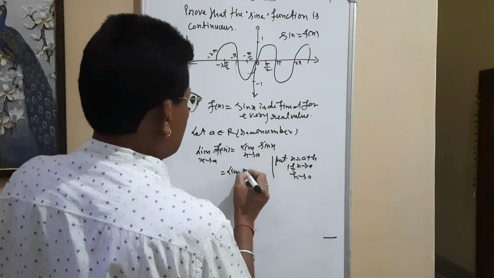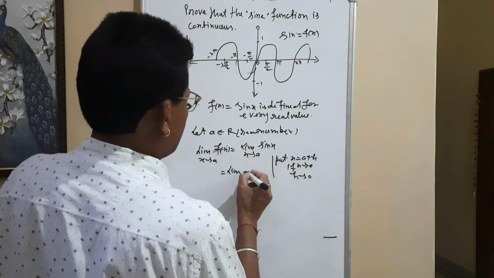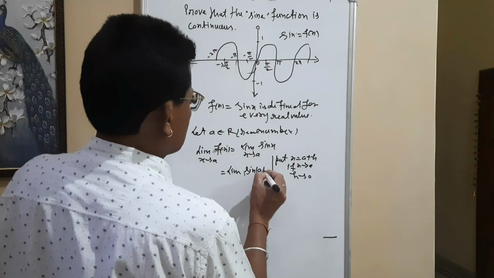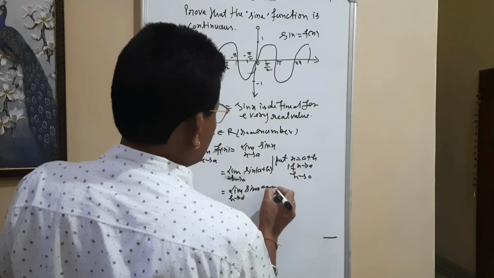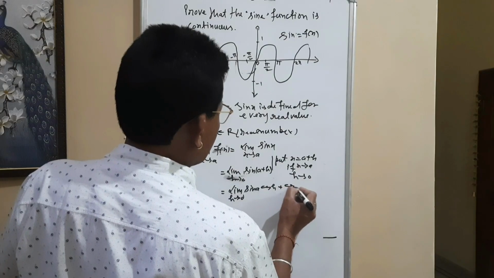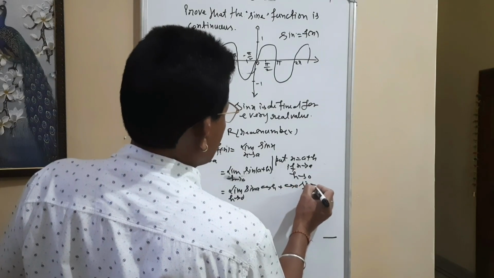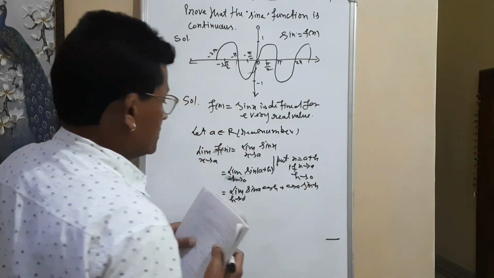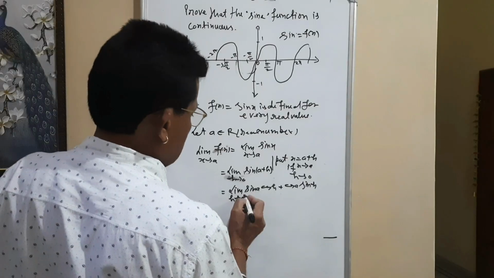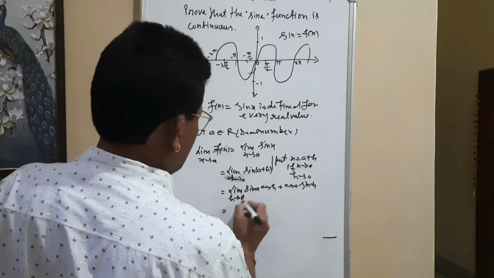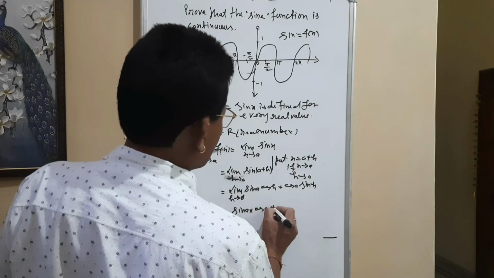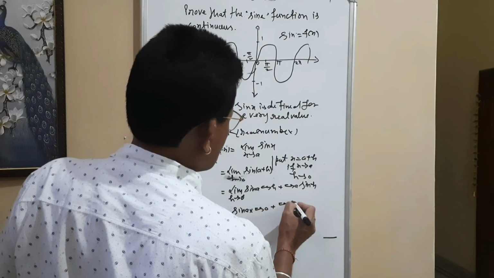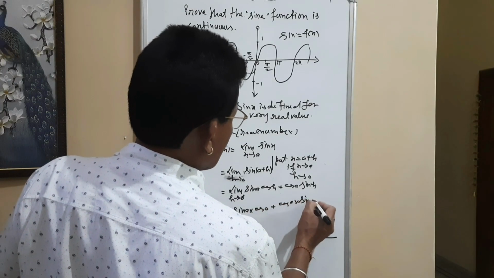See, my dear student, very important condition I am telling you, sine of a plus h, h tends to 0, sine a cos h plus cos a sine h. That is why, my dear student, you will have to take the limit. While you will take the limit, it will be sine a into cos 0 plus cos a into sine 0.